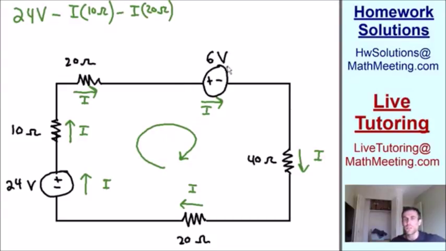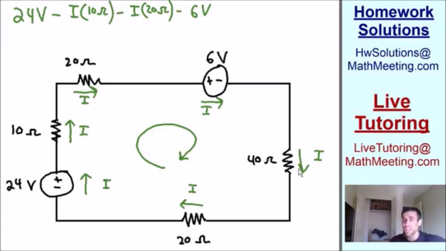Moving on to this power source, this battery. For this battery, we are going, once again, in a clockwise direction, which means we're going from positive to negative. So that's going to indicate a negative voltage change across this battery. So it's going to be a negative 6 volts. All right, if we keep going clockwise in our loop, we come across this 40 ohm resistor.